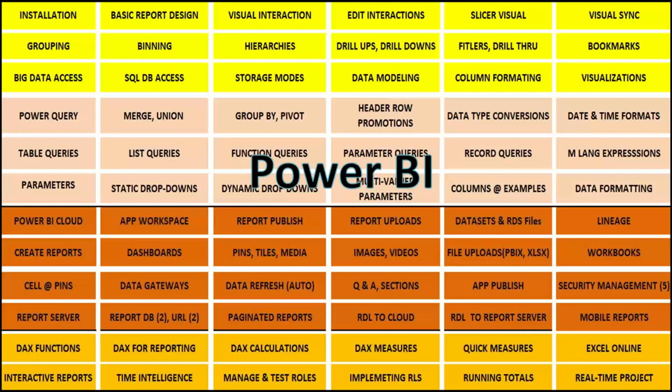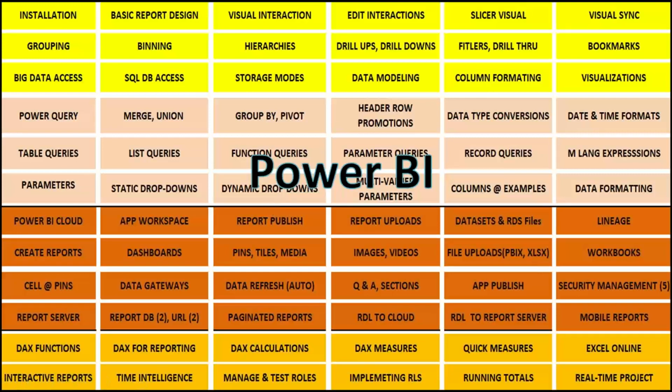Six design tools we need to learn in the first box, the yellow box. Then one technology called Power Query, one more technology called DAX, and in between, cloud. So 6 tools, 2 technologies, 1 cloud, and 1 server. Total 10 different components we need to learn here.